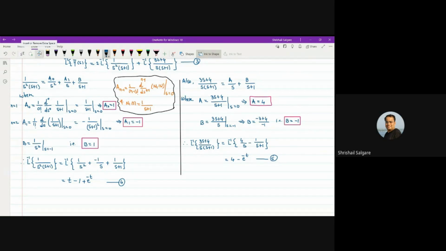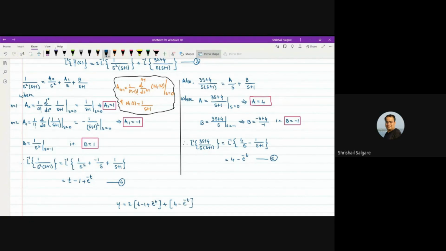And one more thing, what is L inverse of Y? Our aim is to find the solution y, which is given as 2 into t minus 1 plus e to the power minus t plus 4 into e to the power minus t.